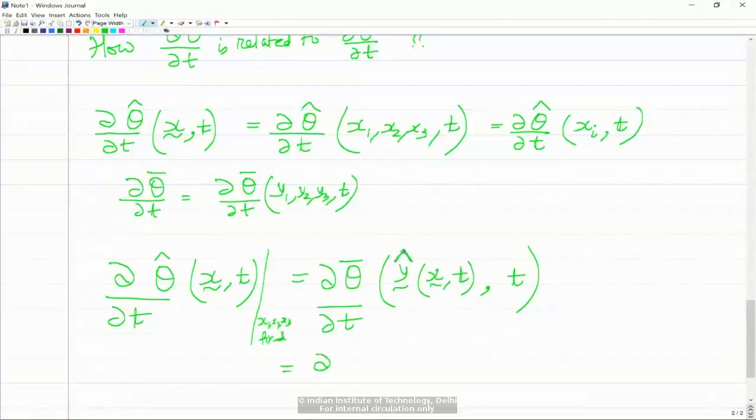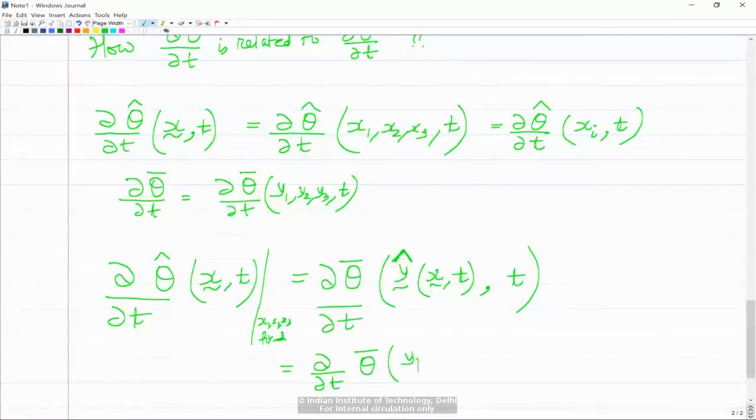It's the function y hat. So this is equivalent to del by del t theta bar. See, we are going very slow. Please don't worry. Just follow me. And you write this vector y hat in terms of the three components.